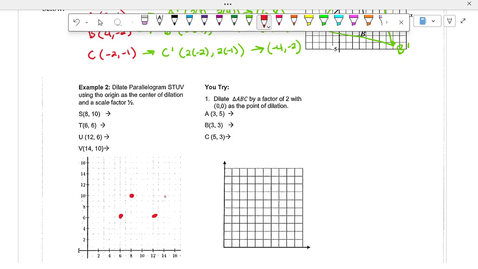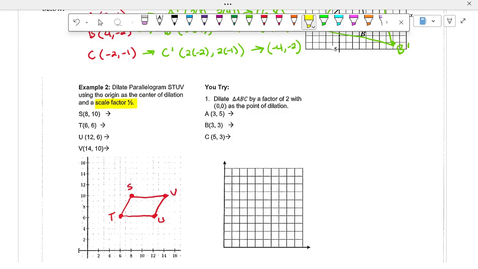And (14, 10). Here's my original figure, and it's the shape STUV. Now, it says we're multiplying by a scale factor of 1/2.